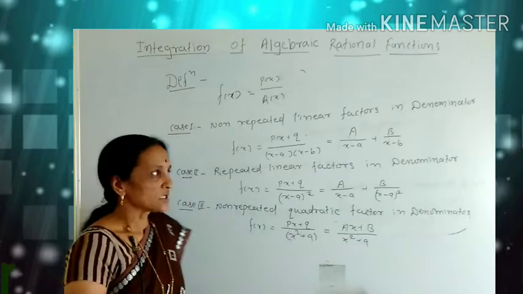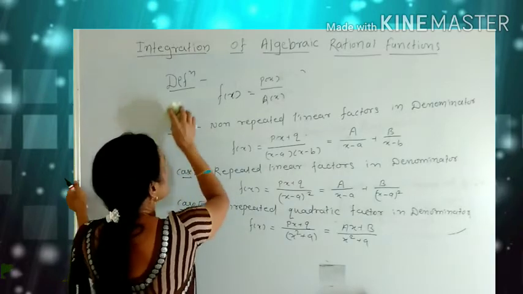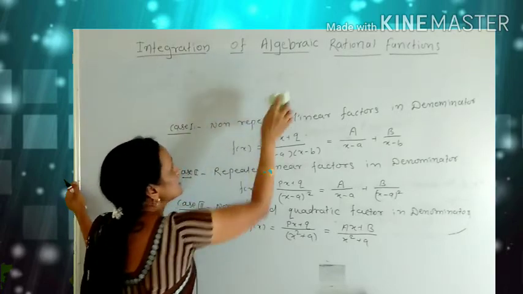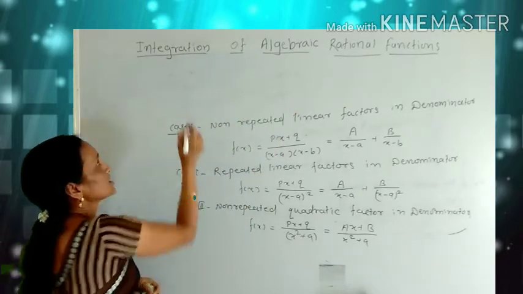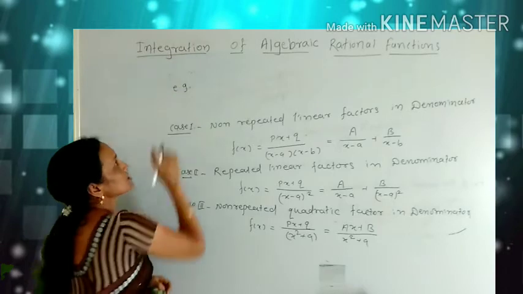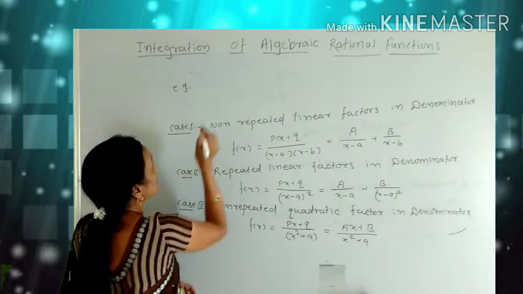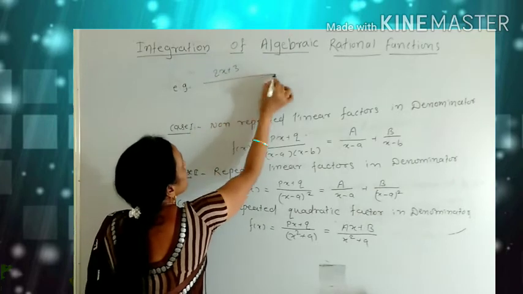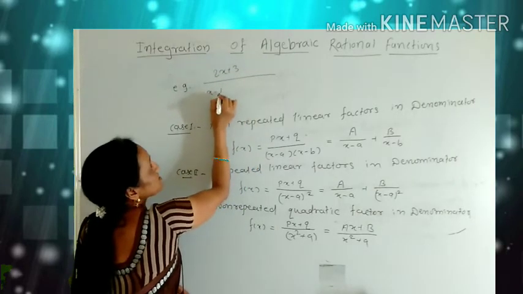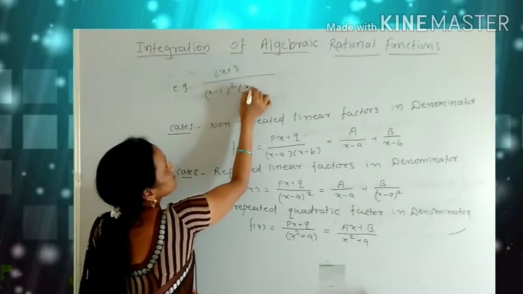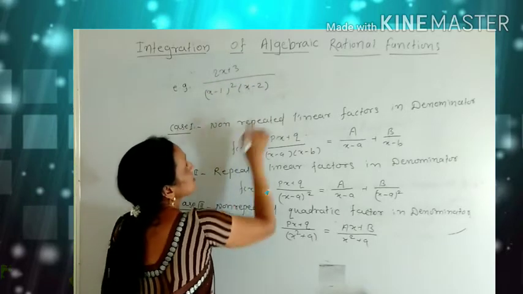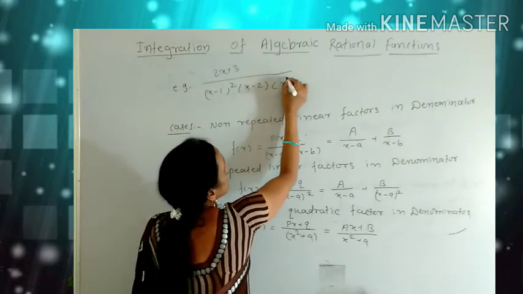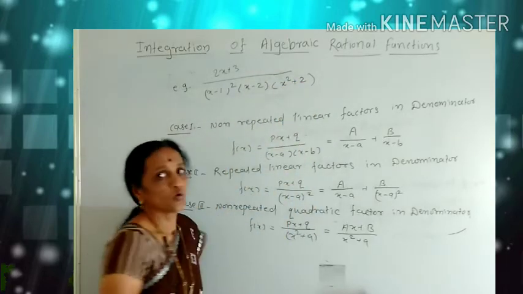decomposition. Sometimes the example is of the type, for example, suppose 2x plus 3 divided by (x minus 1) square, (x minus 2) is a single factor, and another factor is, suppose, x square plus 2.